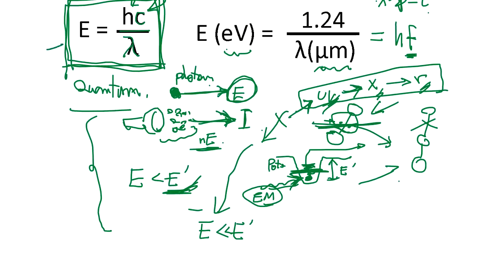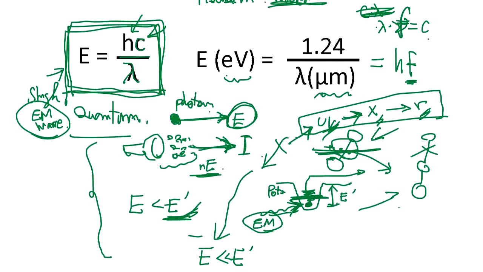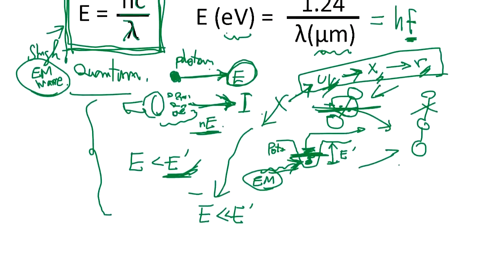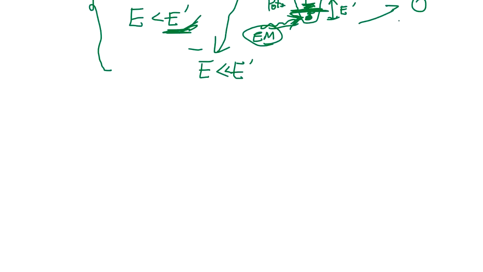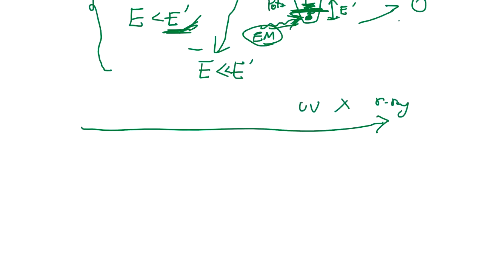So this is for a single EM wave. EM wave is quantized. Okay, so that's the EM wave, and you know the full spectrum of EM wave. It goes gamma ray, which is high energy, X-ray, ultraviolet, visual light, and infrared.